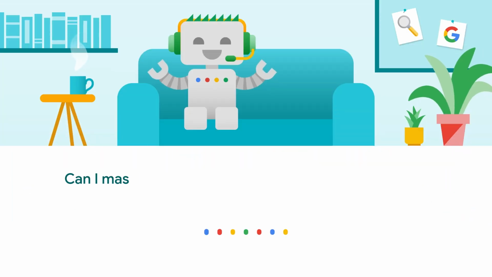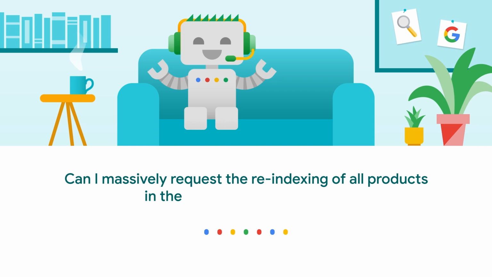Martina asks, can I massively request the reindexing of all products in the shop in Search Console? Hi, Martina. Unfortunately, there's no button to push to request reprocessing of a whole website. Instead, this is something that happens automatically over time. You can tell us about pages which have changed using a sitemap file, and most e-commerce setups do this for you. You can also use a Merchant Center feed if it's a matter of product or price updates.